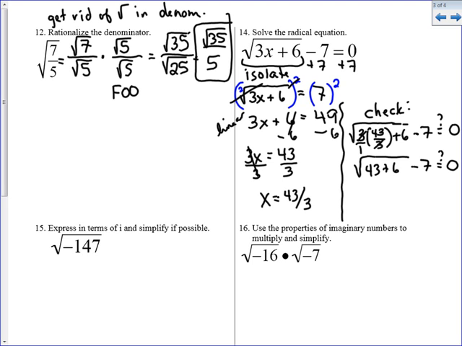So I have the square root of 43 plus 6, which is the square root of 49, minus 7. I want to know, does that equal 0? Yeah, 7 minus 7. I get the same thing on both sides, which means it works. So it's okay to box, to accept that 43 over 3.